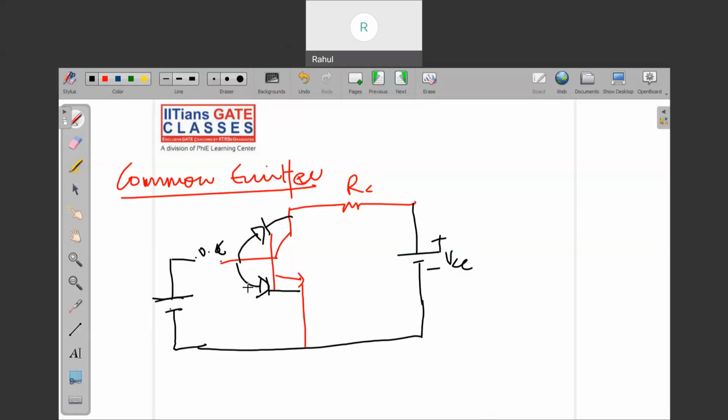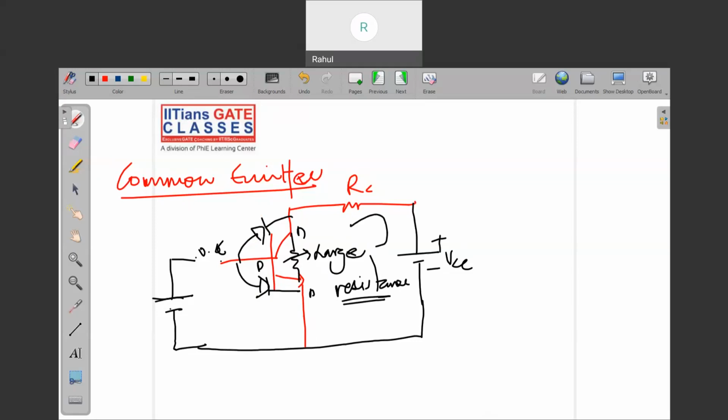Between this is N, this is P, and this is N, right? So between this there is a huge resistance. When your transistor is in cutoff, it means that there will be huge resistance, then IC will be 0.